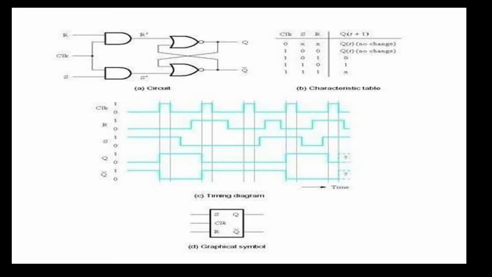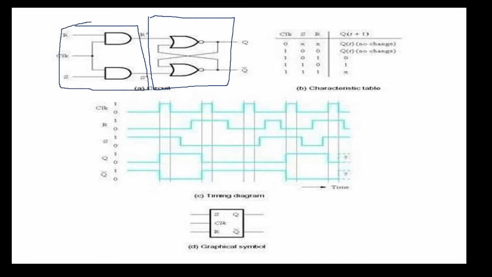Okay, so basically this is an SR latch, right? And this circuit over here is called the gate. So this gate is responsible for enabling or disabling the working of the circuit, right?